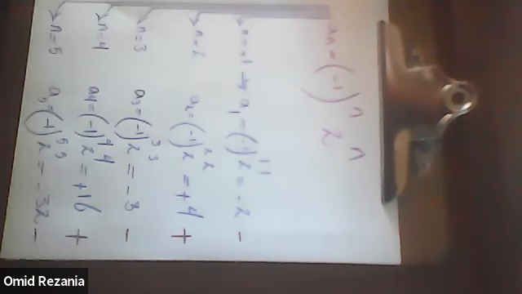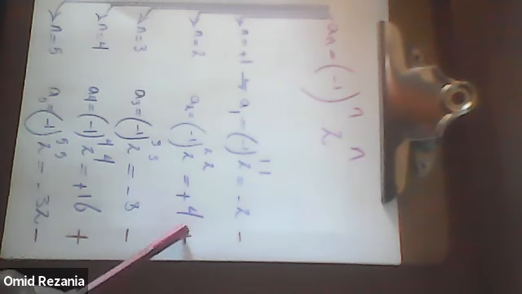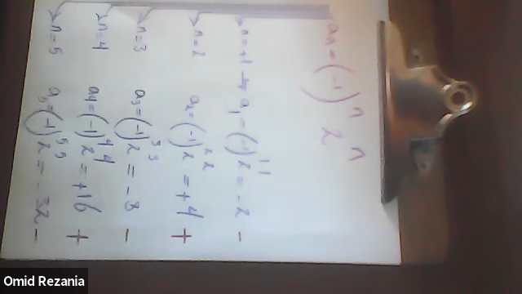Guys, look at this. It goes minus, positive, minus, positive, minus, positive, and it goes on like that. You see, it alternates the sign between minus to positive and positive to negative. Do you see that? Yes.